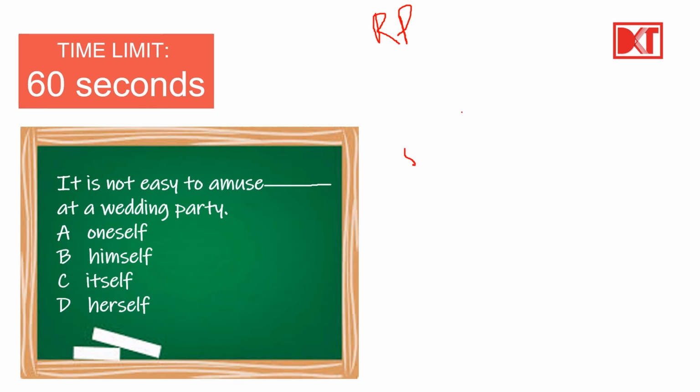If he said it, it would be "amuse himself"; or if I said it, "amuse myself at a party." No, we are talking generally. And for the general, what do we use? One. We use a general word, one.